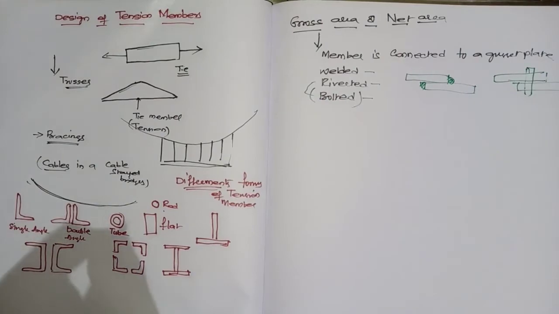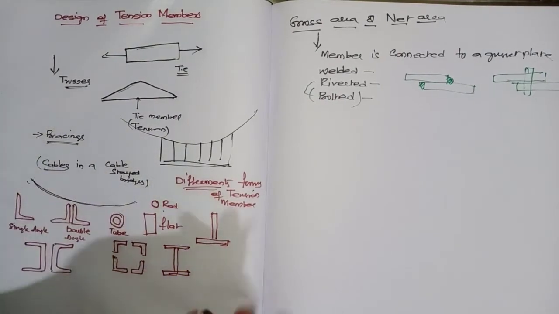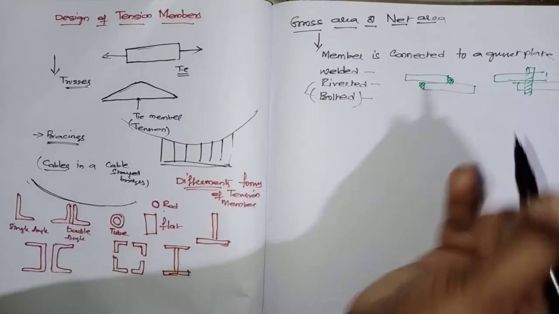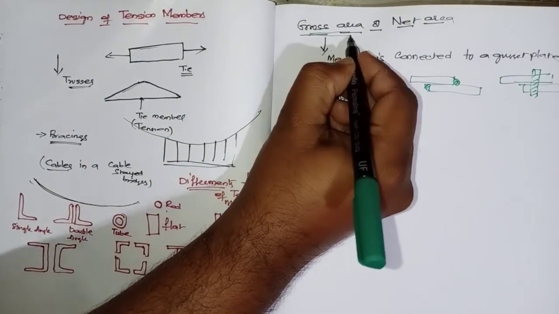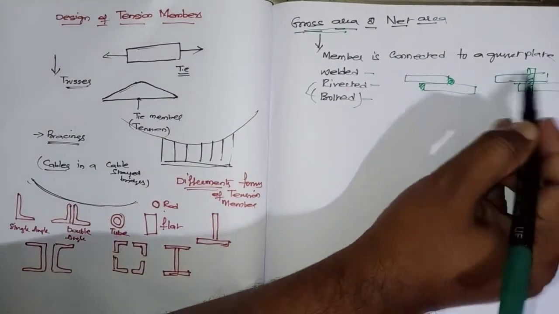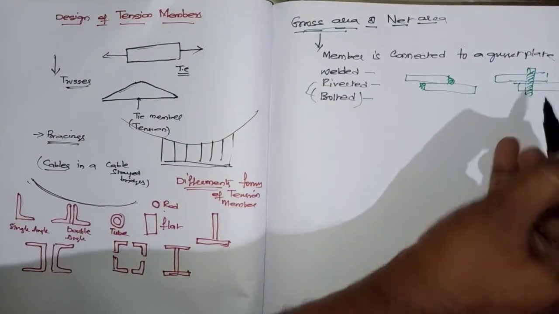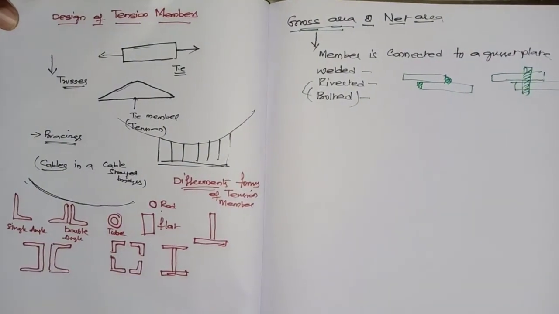The total area of the cross section available without deducting these holes is the gross area, and the area of cross section after deducting the area of holes is the net area.